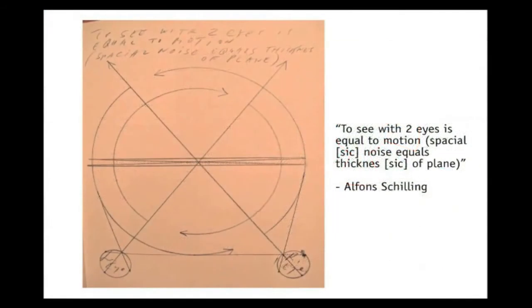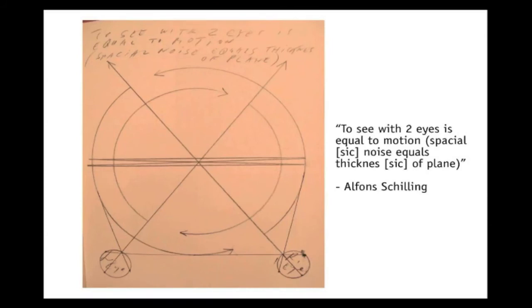And this is a sketch in which he expresses that idea very, very clearly. To see with two eyes is equal to motion, spatial.